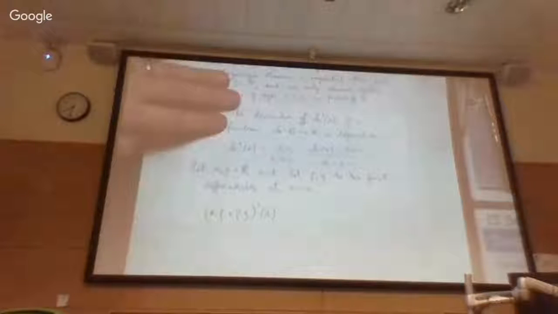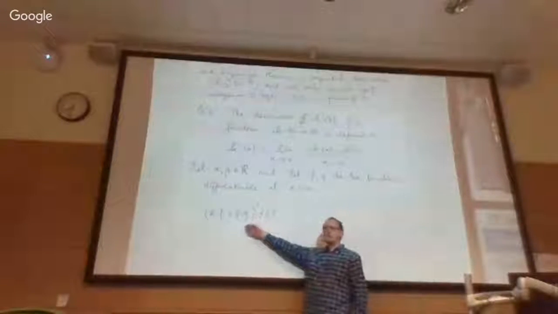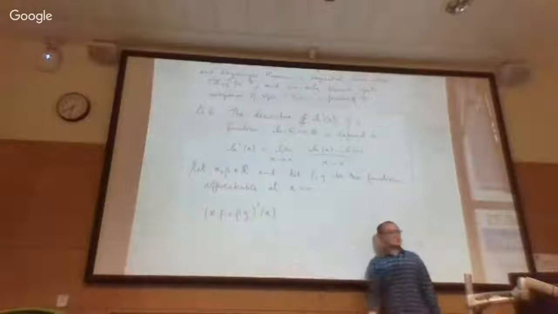So for alpha f plus beta g, this new function, the derivative of this at a: there's a question mark over whether this limit exists, and if it does exist, what is it equal to? It's those two matters that we're going to settle here.